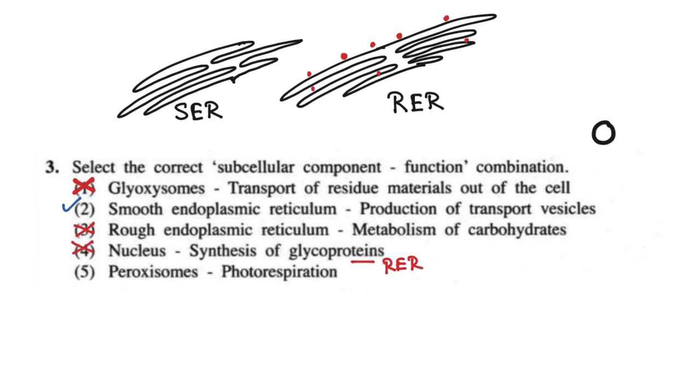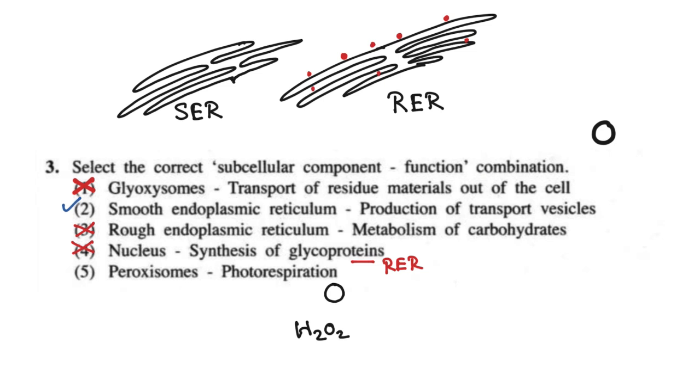Then number 5, peroxisomes, photorespiration. Peroxisomes are again single membrane simple structures. They are found in both plants and animals. They have enzymes that catalyze the breakdown of H2O2, hydrogen peroxide.